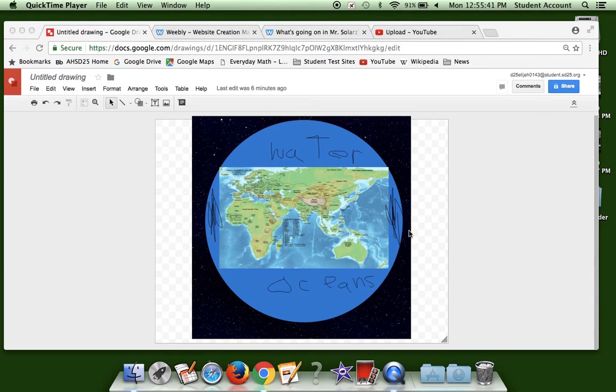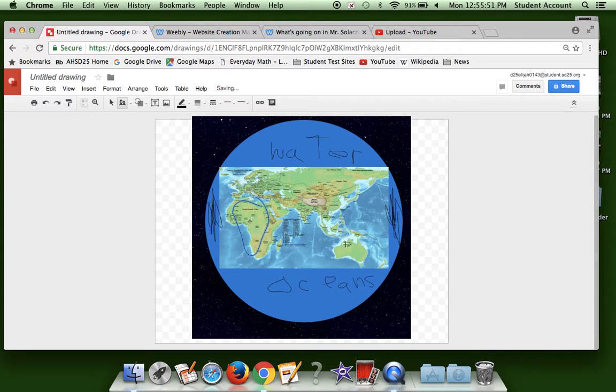I didn't have the other planets in here, but as you can see, this is Africa, this is Australia, this is Europe, this is Asia, there's the Pacific Ocean, and so forth.